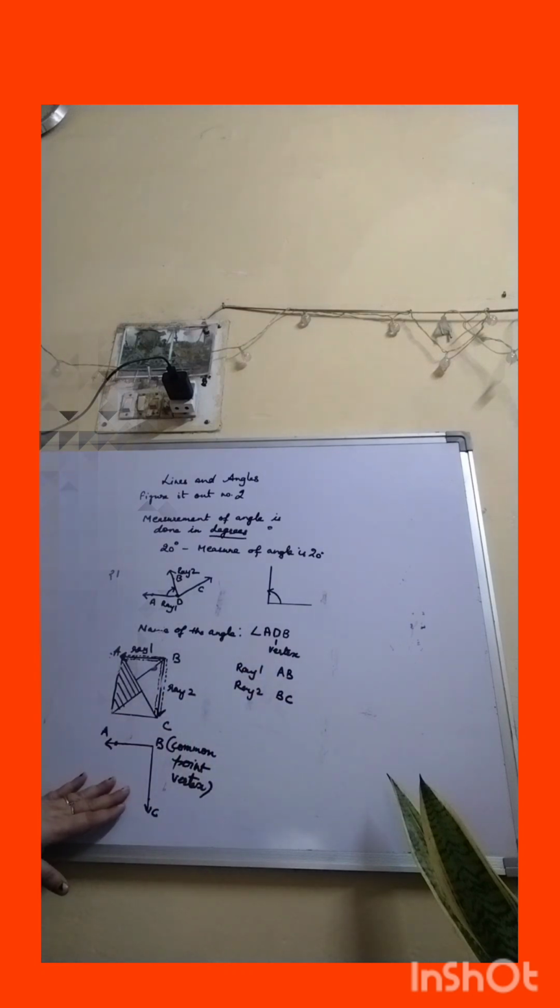This is not being asked; I am just explaining for you to understand. What is common among these is B. We know that the common point or the center point is considered the vertex.